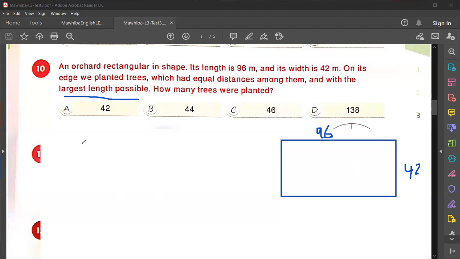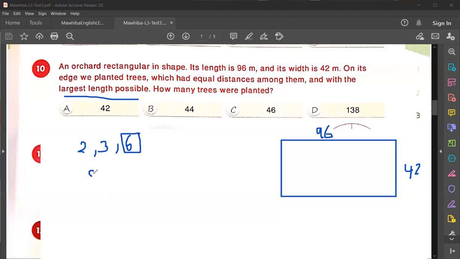I think 2 is a common factor between 96 and 42, and divided by 3 also, and also 6 divides 96 and 42, and I think it is enough. So the common factor here is 6, right?